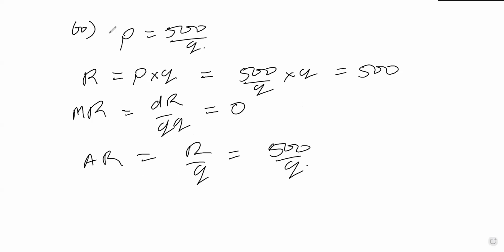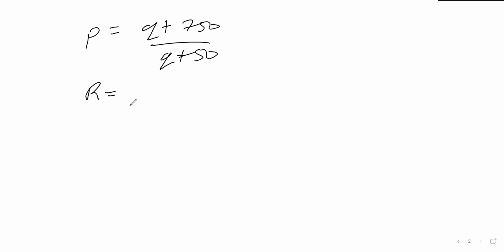Let's take another example, the same type of example. Price here is given to be (Q plus 750) over (Q plus 50), and we are asked to find the marginal and the average revenue. So first things first, our revenue function, which is price times quantity.